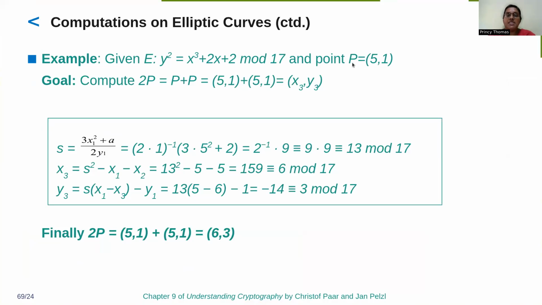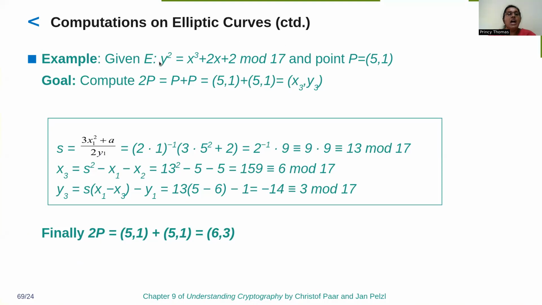This capital P is the generative point. Generative point means the first point from which we calculate our other points on the elliptic curve. So capital P is equal to (5, 1). This point is on the elliptic curve, and we can calculate other points on the curve using this point, which we're going to look at in a bit.